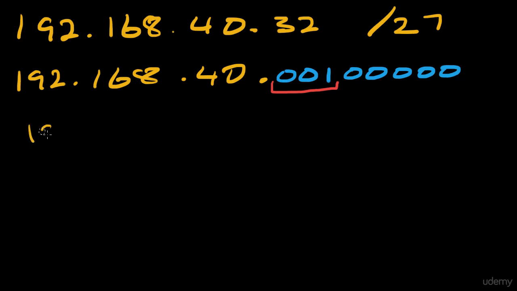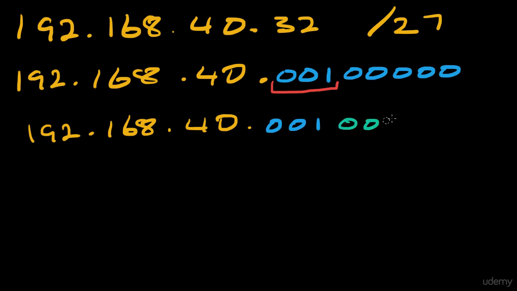So we're looking at 192.168.40.001, and then the host ID section, I'll write in a different color, will be 00001. This is 32, this is 1, that's 33. So this is 192.168.40.33.